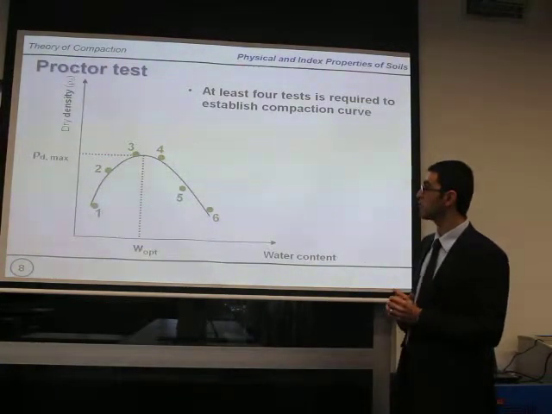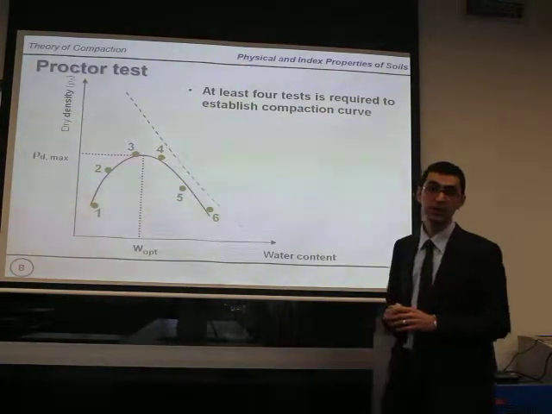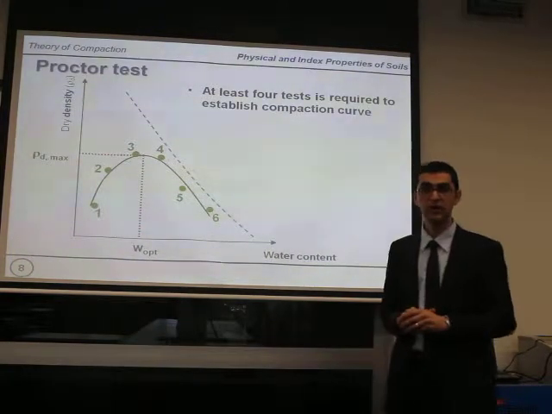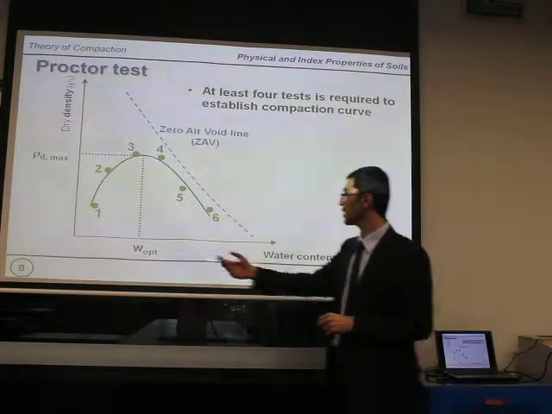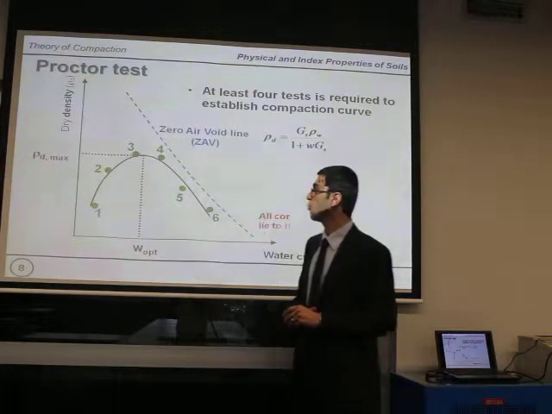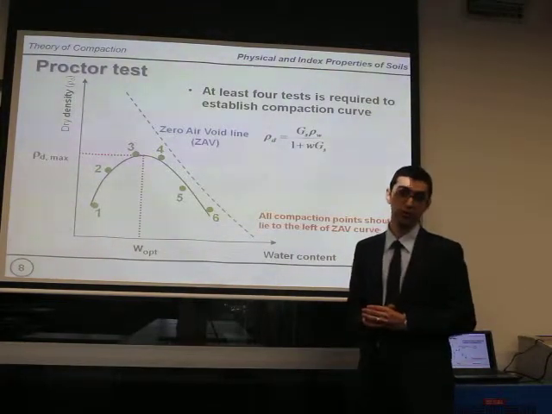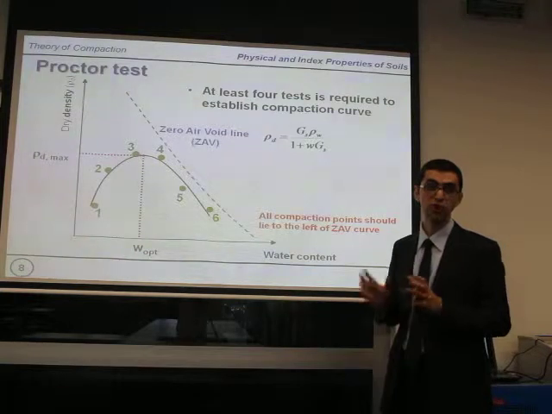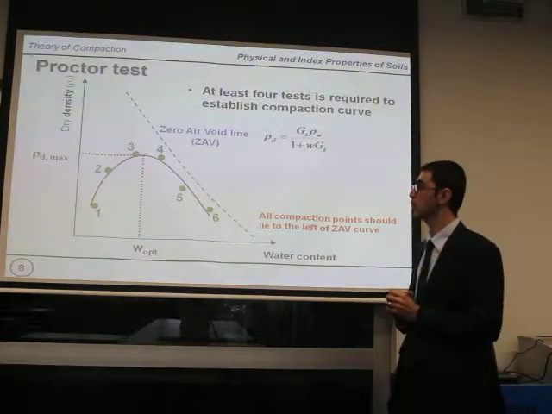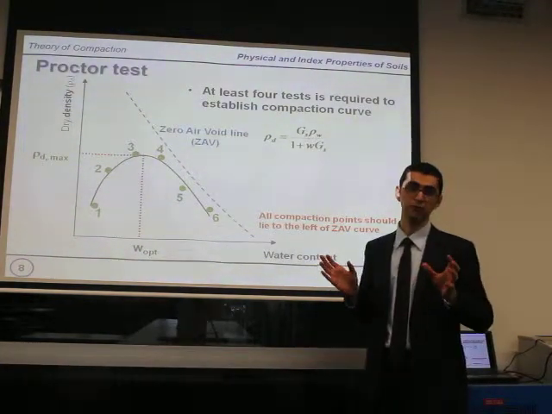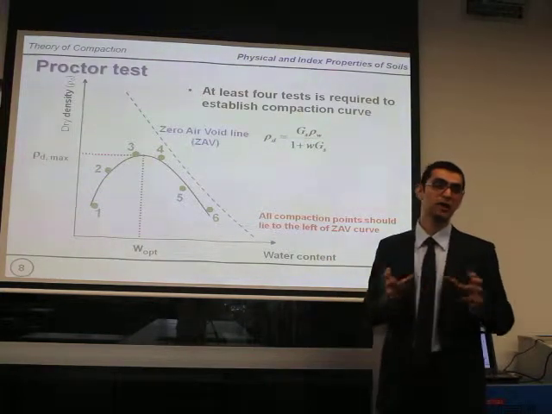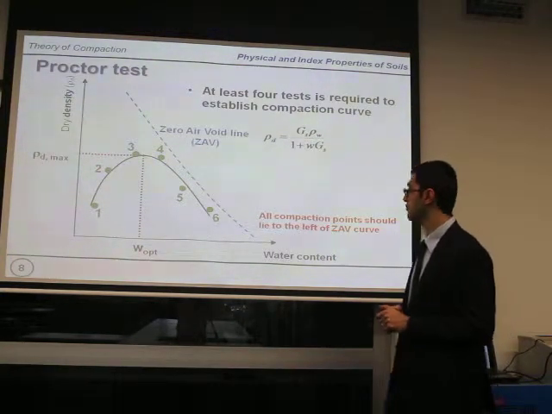By having the compaction curve, the peak point is called the maximum dry density, and the water content corresponding to that point is called optimum moisture content, because that moisture content is where you can reach the maximum dry density for that particular compactive effort or energy.